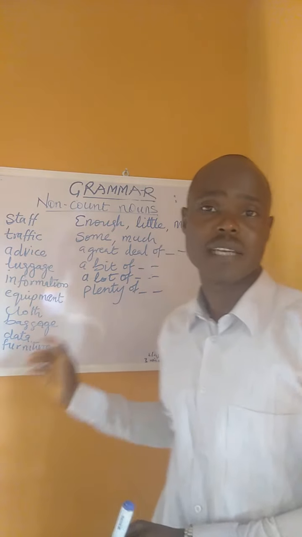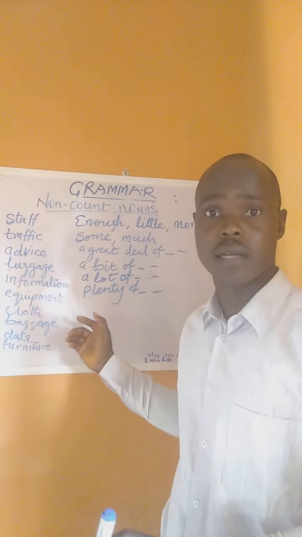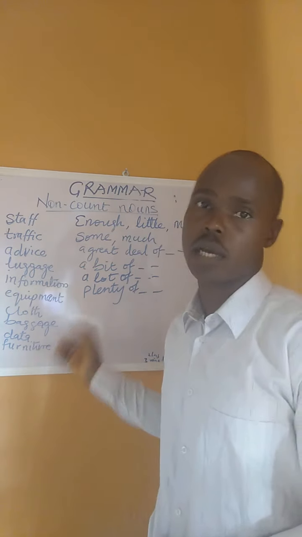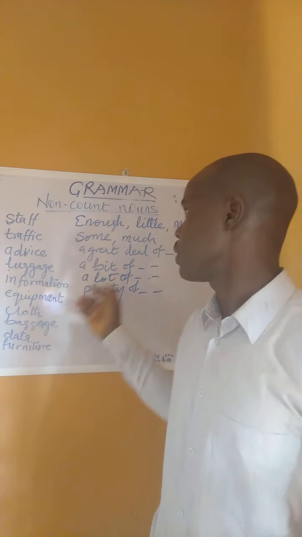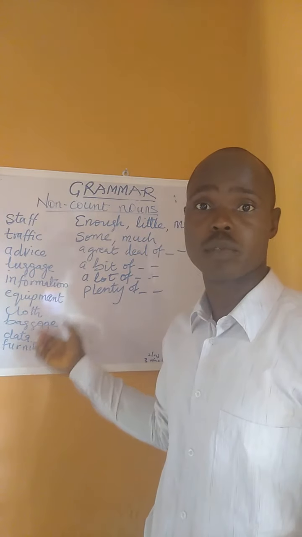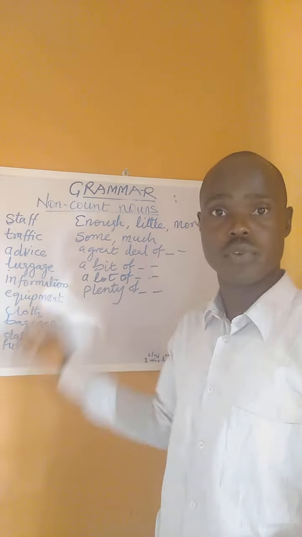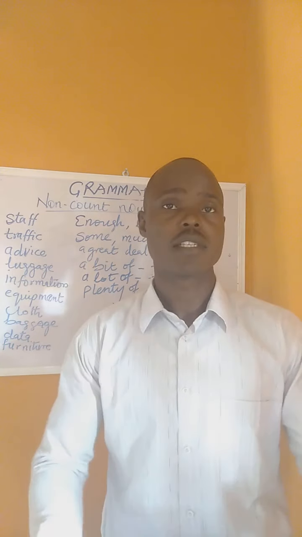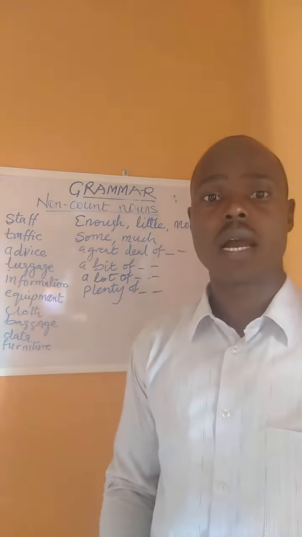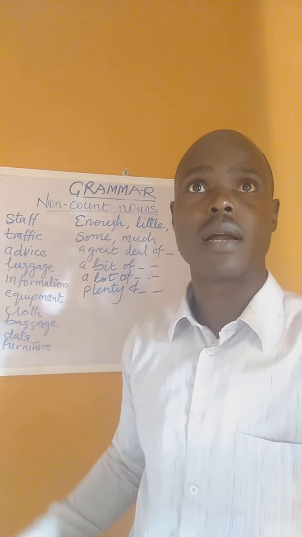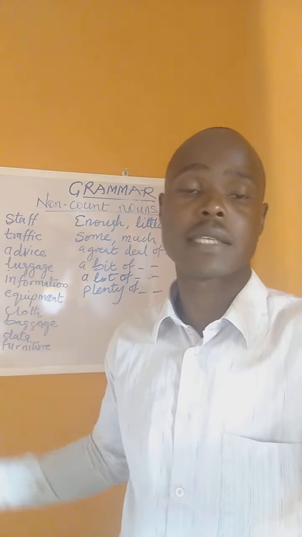So these are the determiners that can be used with non-count nouns. However, one or two of them can also be used with countable nouns, like some. Please take note of these, and you can have several examples as you try to merge these determiners with the mass count nouns.